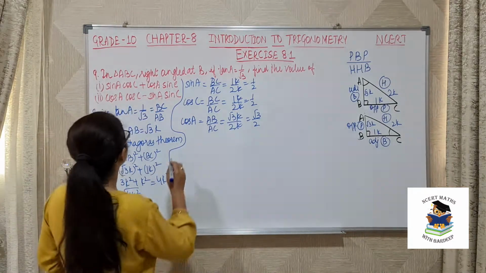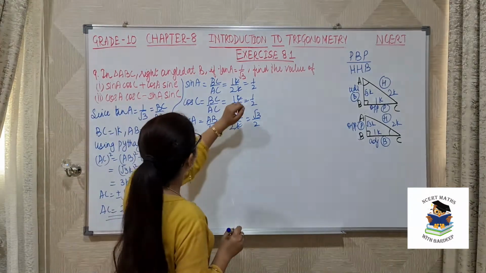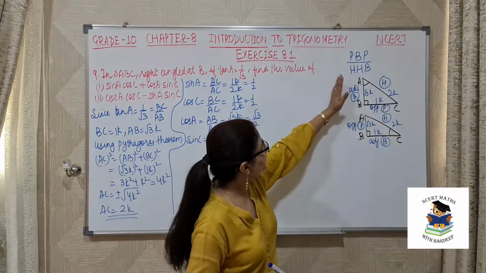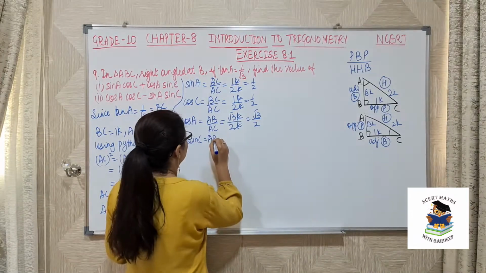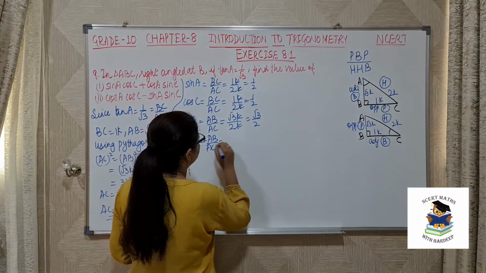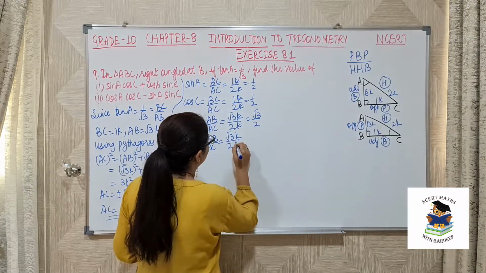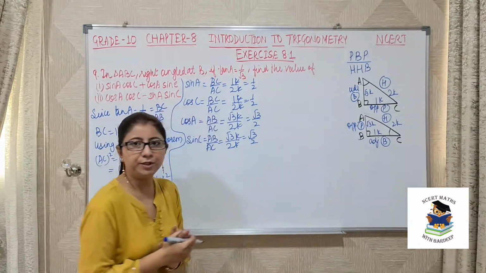Next is sine of C. Okay. Sine of C for this triangle. So sine is perpendicular by hypotenuse. So this is AB. Over hypotenuse is AC. So AB is root 3K over 2K. So again K is cancelled. So this is root 3 by 2.